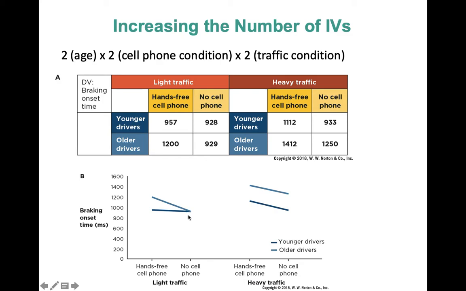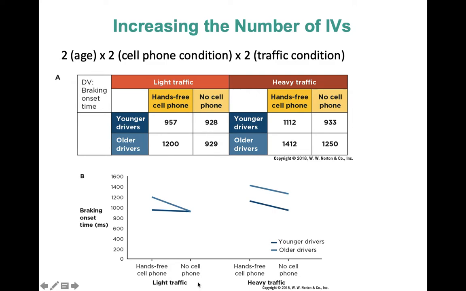So there's actually equivalent braking time between old and young when not using a cell phone, but when using a cell phone, older drivers brake slower, so they're affected by using the cell phone. Younger drivers are not. Okay, so what can we say is the effect of using a cell phone for young and old drivers really depends on the traffic that they're driving in.